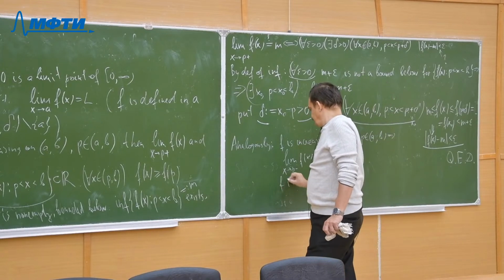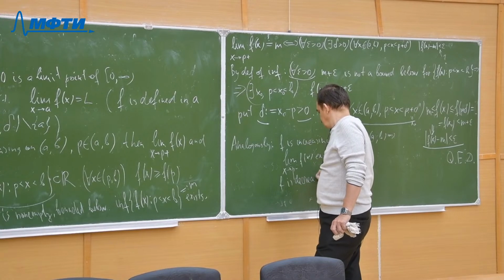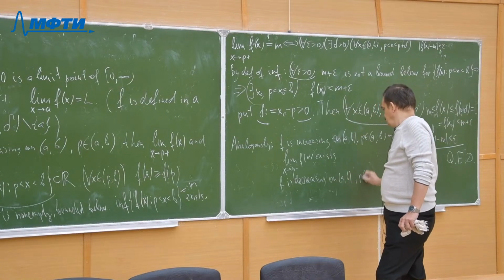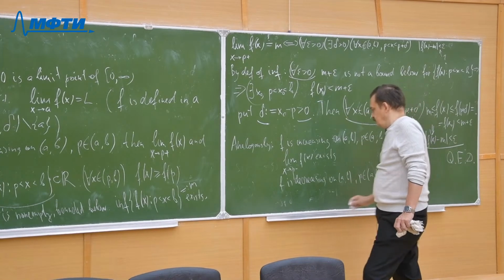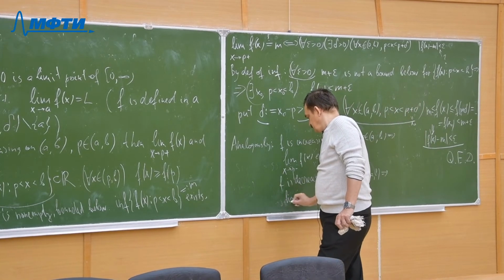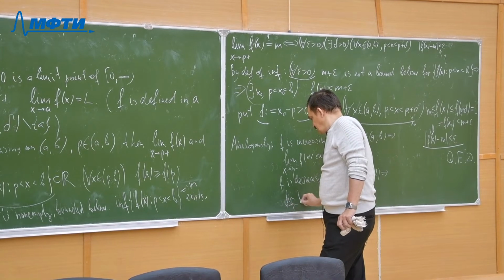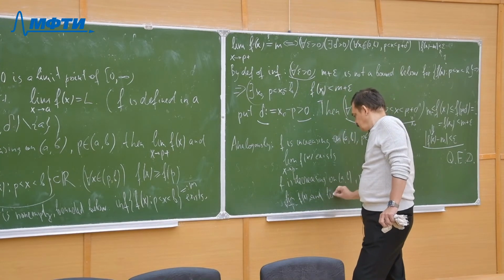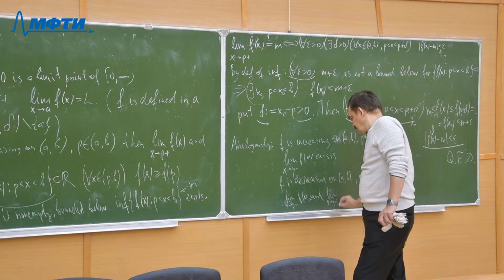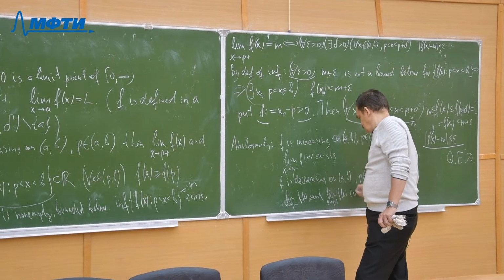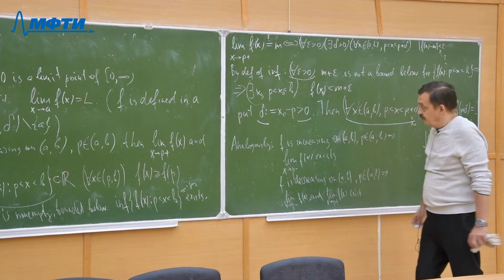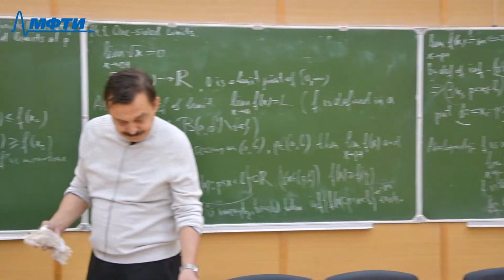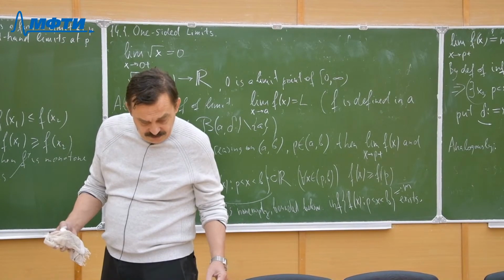Also, if f is decreasing on (a, b), p in (a, b), then limits as x tends to p minus of f of x and limit as x tends to p plus of f of x exist. So that is proved quite analogously.